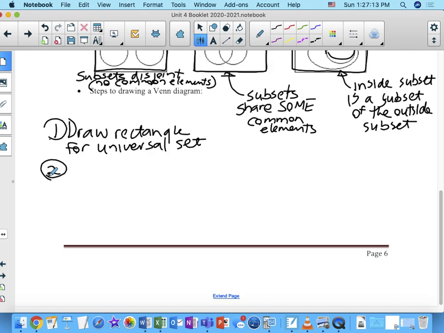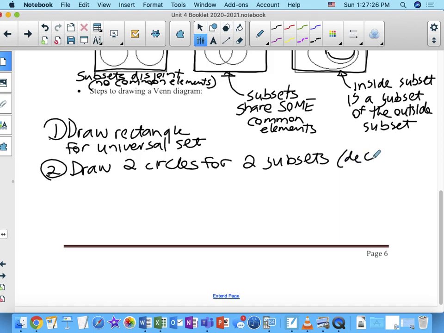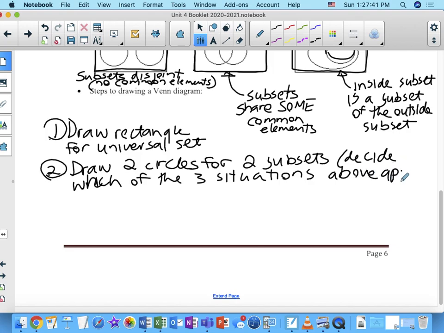Okay, so draw two circles for the two subsets. And you have to decide which of the three situations above applies, I suppose.